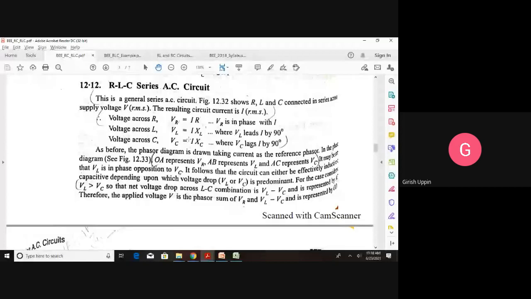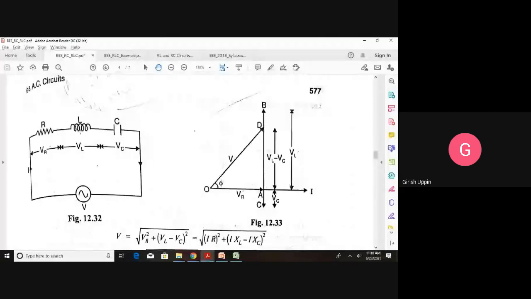Now we come to the last combination, that is the series combination of a resistor, inductor, and capacitor. All three will be connected like this. You can see a pure resistor, pure inductor, and pure capacitor connected in series, and this series combination is connected across a voltage source given by V is equal to Vm sin omega t.